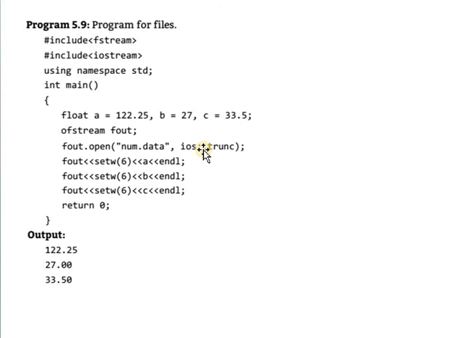In short, the trunc here in the program truncates a file if that particular file already exists, and it reopens that particular file, and any contents that existed in that file before it is opened are discarded by the compiler. These are the different file modes present in C++.